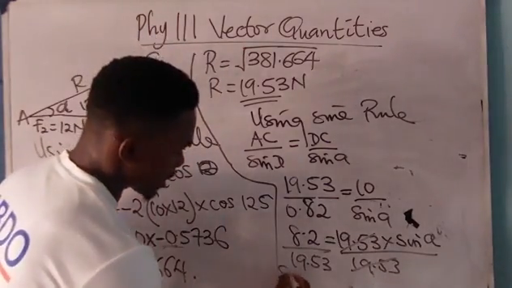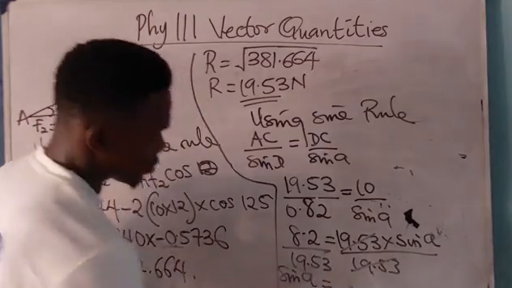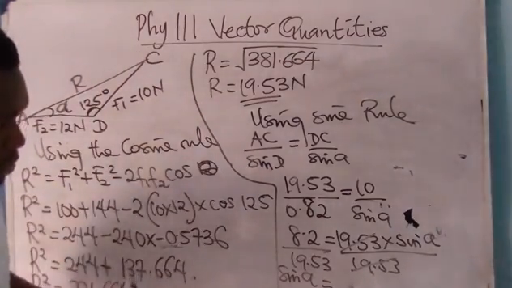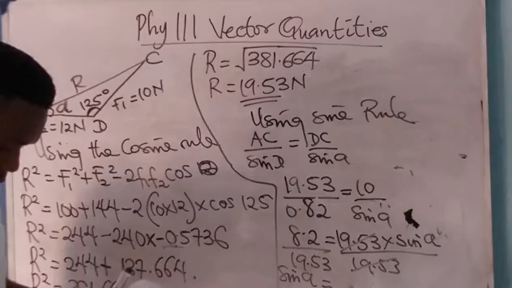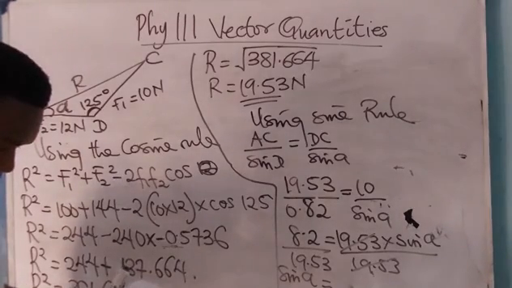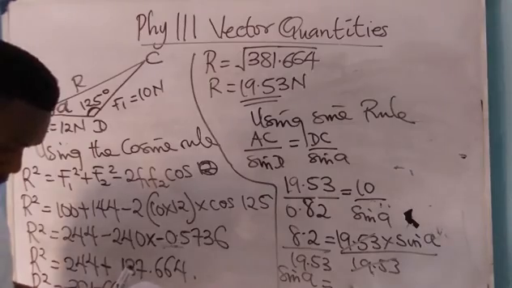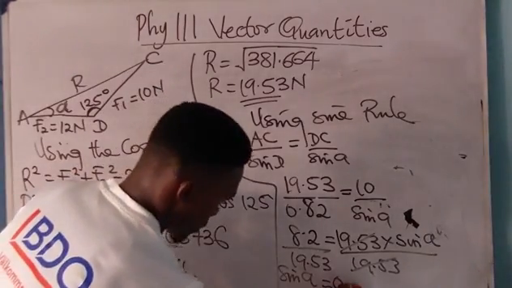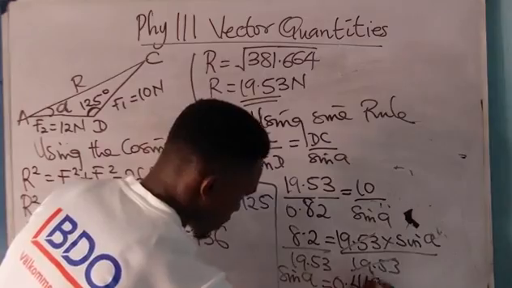Which means that sine A equals what? 8.2 divided by 19.53 is 0.419.